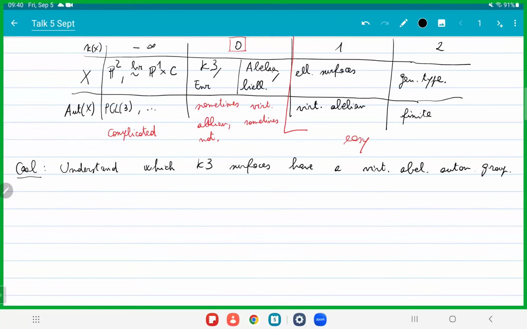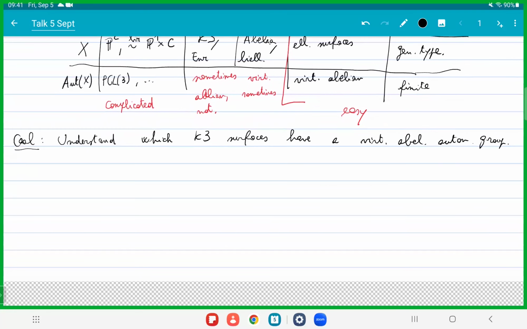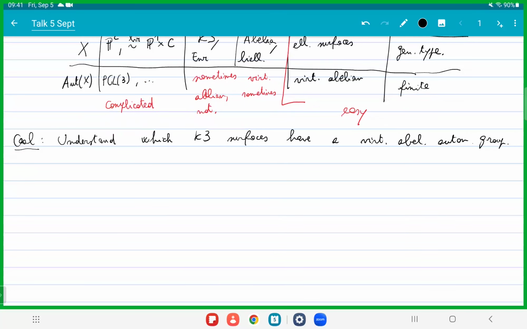And in order to state our theorem precisely, I'll need to give a bit of background on K3 surfaces, because we're going to present some sort of classification of K3 surfaces with a virtually abelian automorphism group. But first, I would like to introduce K3 surfaces properly and then present our result.